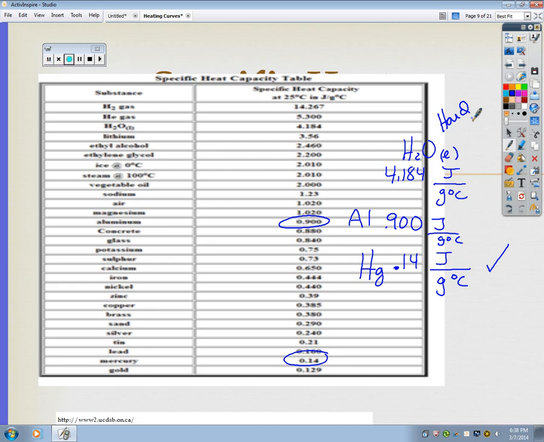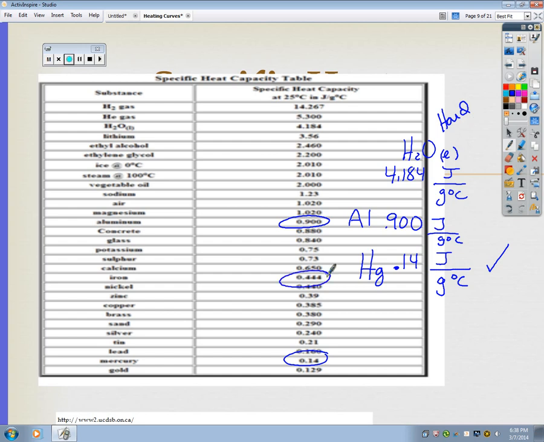Or you'd boil. What about aluminum? Aluminum is not as hard to heat up as water. So what do we use aluminum for in our life? Aluminum pots and pans to bake with, right? And you would not touch a piece of metal in the hot sun in the summertime because it heats up.